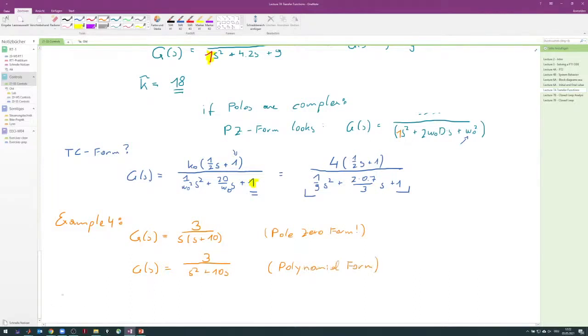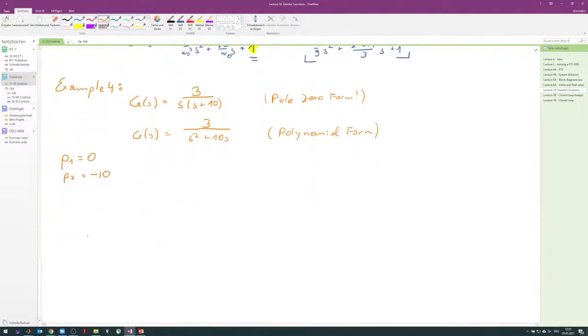What you realize immediately is that you have one pole at 0 and you have one pole at minus 10, correct? And we don't have any zeros, right? So this is the easy part here. The problem now is, however, that we don't have a K0, right? If you let s go to 0, this whole transfer function is going to infinity.